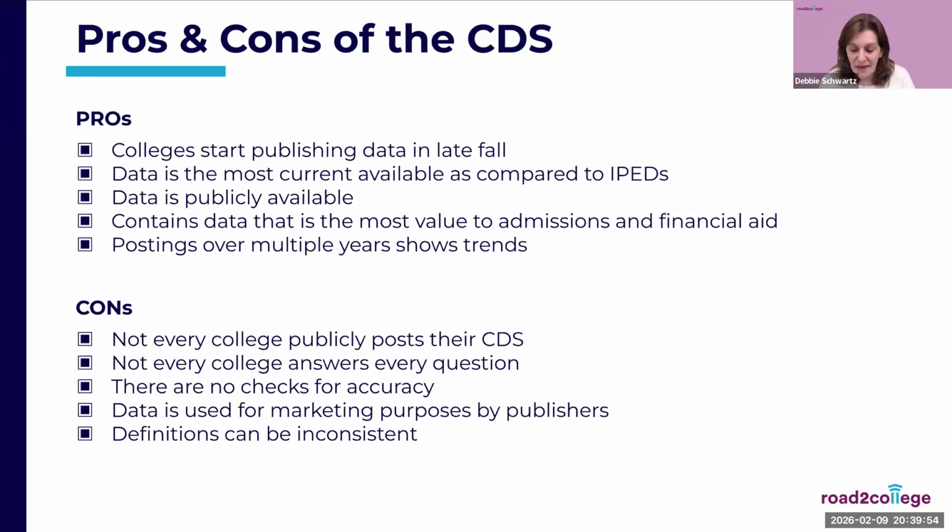The same thing goes for IPEDS. Good and bad. I personally think, in this day and age with what's going on with the federal government, there's no bandwidth to do that type of work, but there could have and should have been, along the way, some quick checks as to why some data might not have made sense.